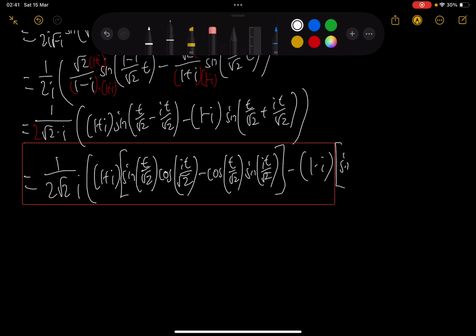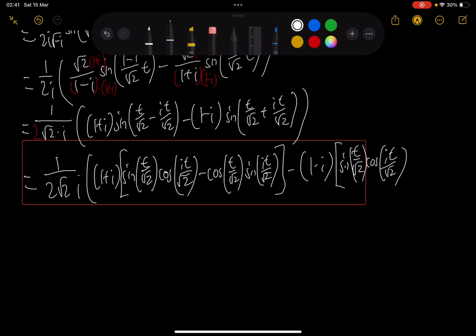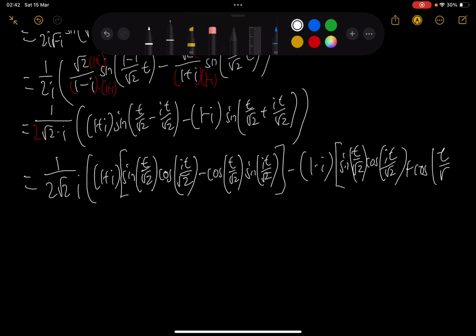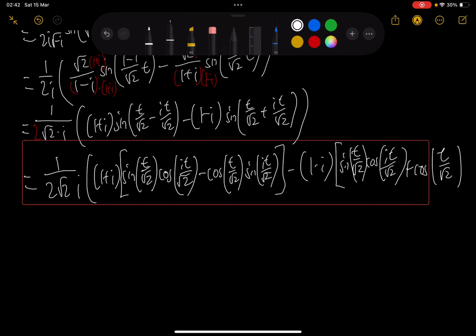And then sin t over square root of 2 times cosine i t over square root of 2. And then plus cosine t over square root of 2. Since I don't have enough space, I'm going to write it here.